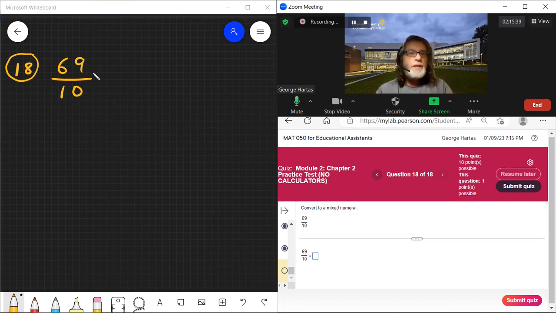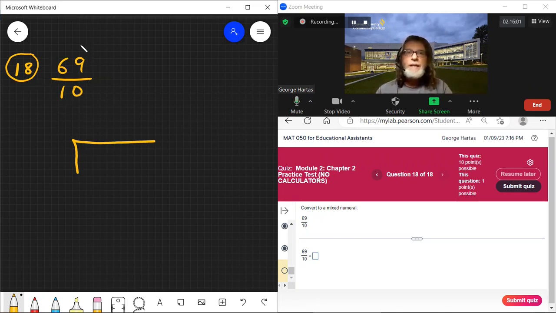Convert a fraction into a mixed number. So now we're going the other way from our last problem. The way you want to handle this problem is to change fraction notation into long division. Now, the 69 represents the dividend.